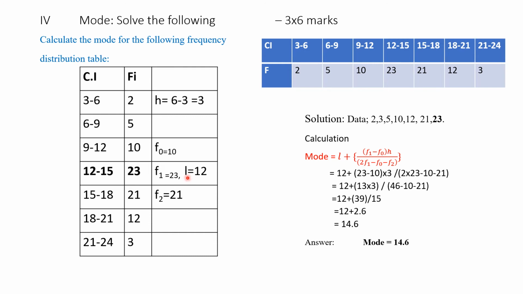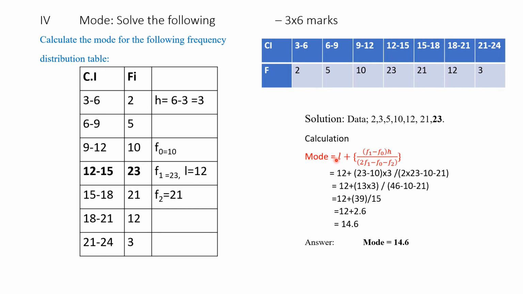Therefore, L is equal to 12, and the one below this f1, that is 23, is 10. Therefore, f0 is equal to 10. One step higher, the next is f2 is equal to 21. These are the values, and we simply have to substitute in the formula.